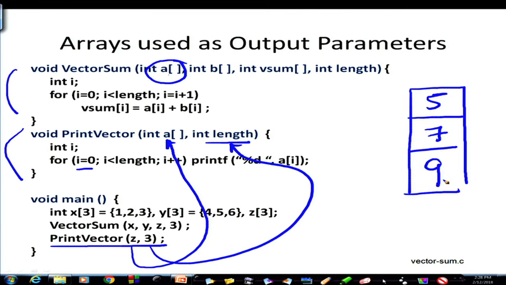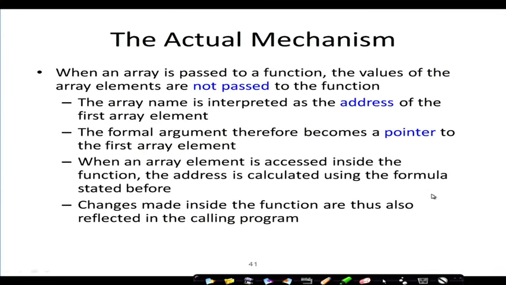So, you see actually whenever I am reflecting on an array, I need not return it because it is essentially automatically passed, right. So, that is what is very important. I hope you have understood this. The actual mechanism is that when an array is passed, the array elements are not passed, but what is passed is an address, and the argument becomes a pointer to the first element, that means the address of the first element.